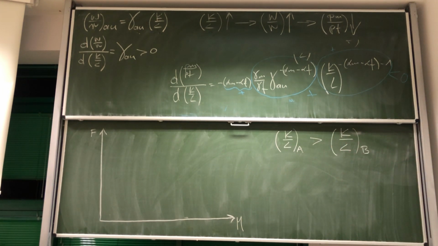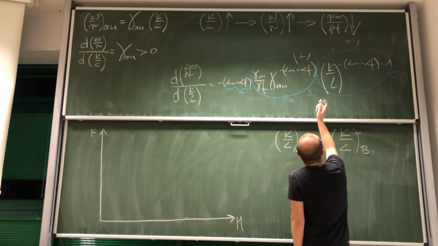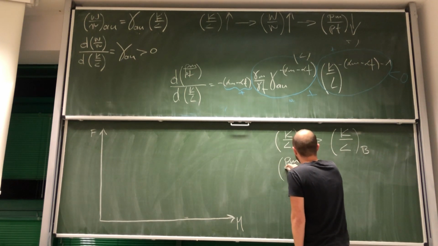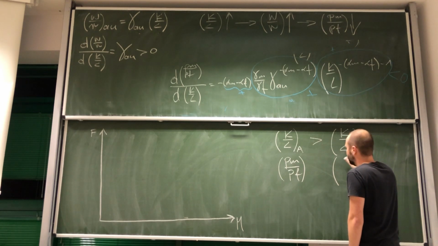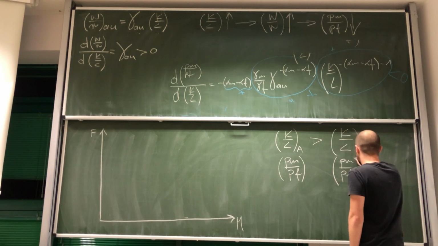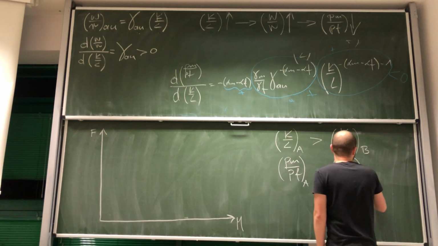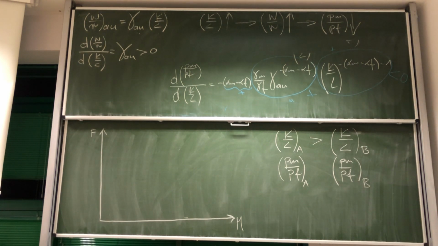And what should this imply in the context of prices in those two countries? Well, this is why we actually needed this relationship. And here we have PM over PF in A and B. Okay, so the higher the capital to labor ratio, the lower the price of manufacturing to price of food ratio.